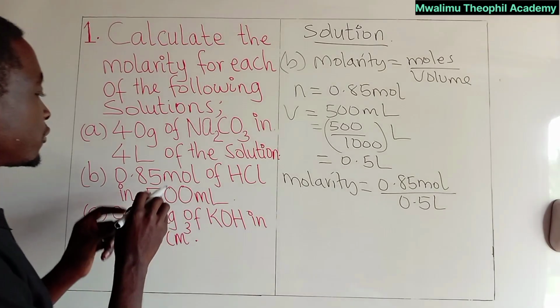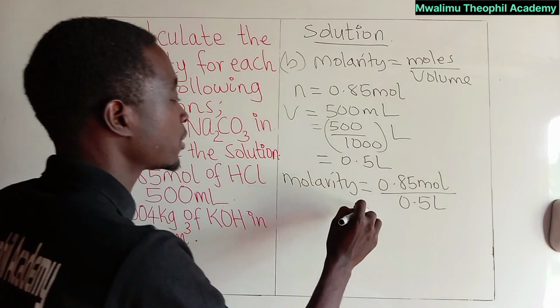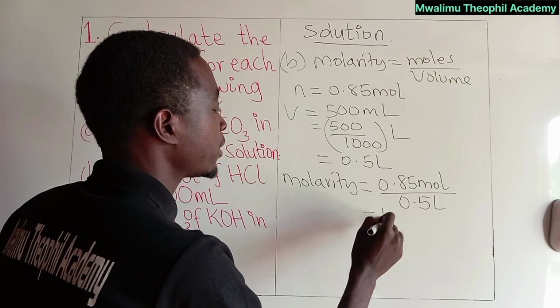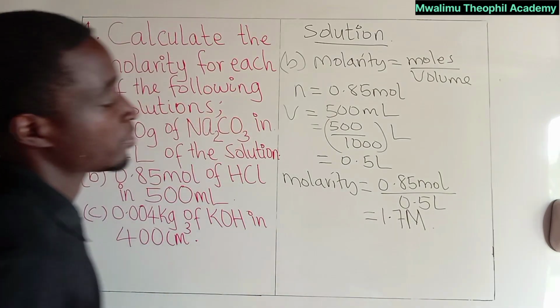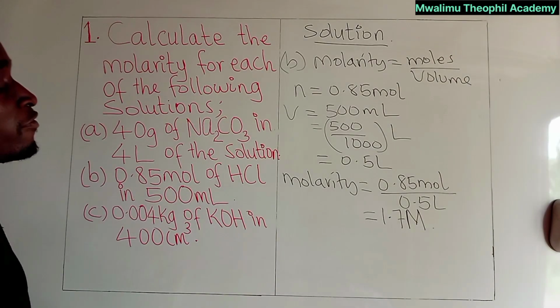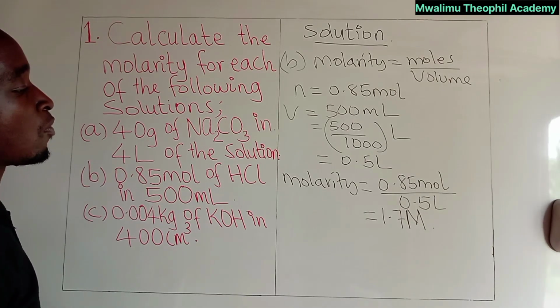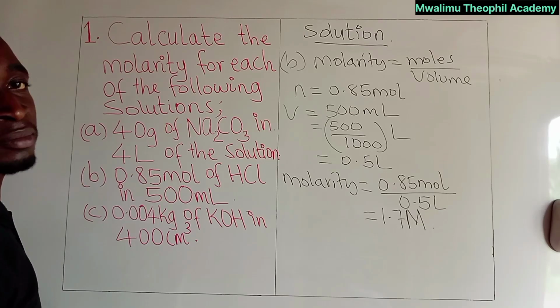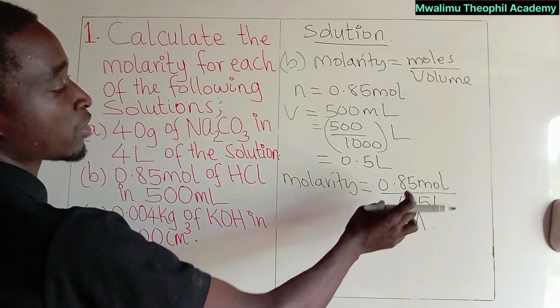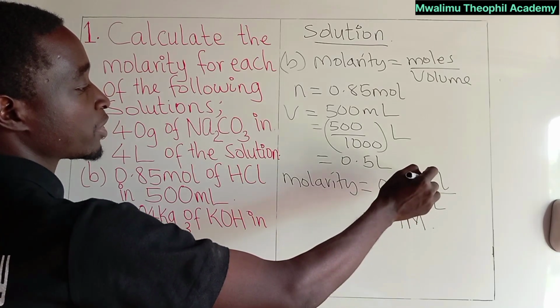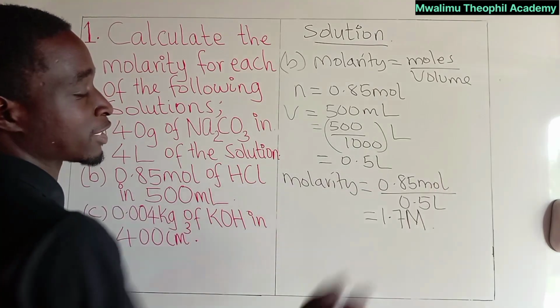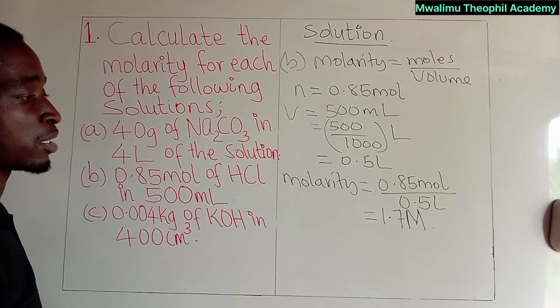Now, the molarity for the given amount of HCl is equal to 1.7. So this is the molarity for the given amount of hydrochloric acid: 1.7 mole per liter. Sometimes, to express the molarity, we use the capital letter M to mean the same as writing mole per liter or mole per decimeter cubed.